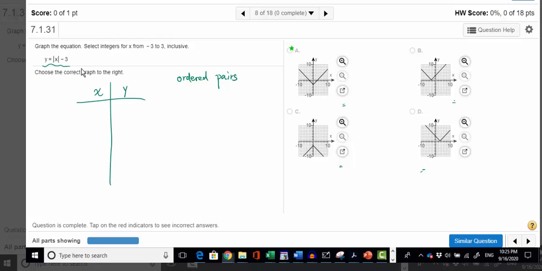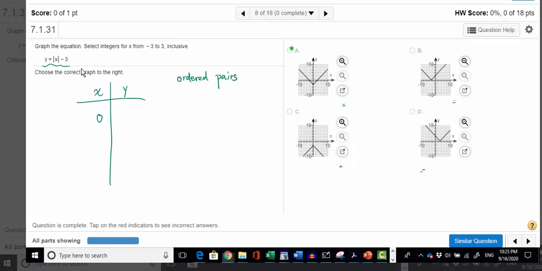Okay, so let's pick values for x. Theoretically, you can pick any values for x, but we want to pick values that are easy to calculate when we plug in. So we can pick 0, because when you plug in 0, it's easy to calculate the y, right? So let's do that.